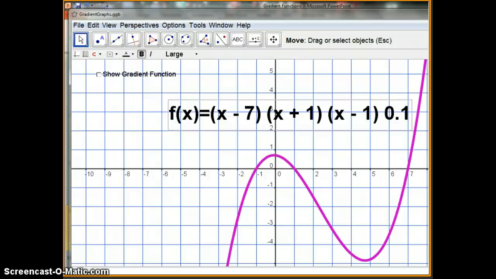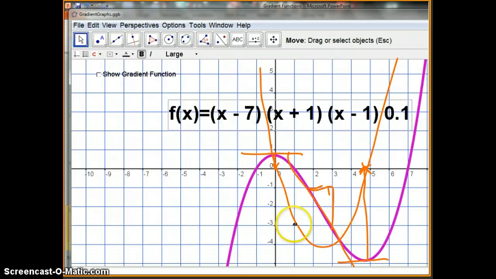This one, doing our sketch. Here, gradient is 0. Here, gradient is 0. Here it's positive, then it's negative, then it's positive. Let's have a look at that. That's only going about 2, so this is a bit deep.